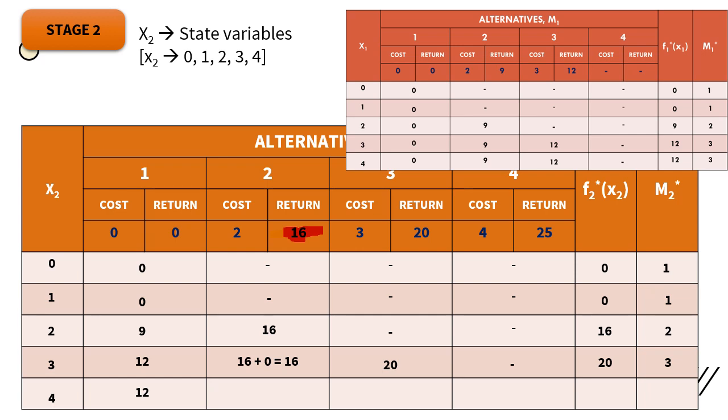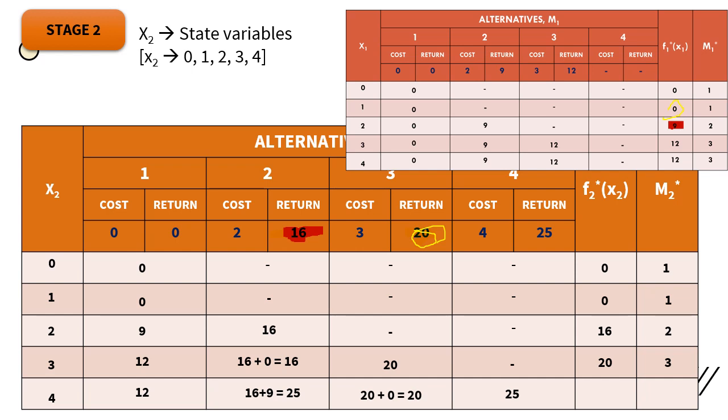Remaining 2, I will get 9. So 16 plus 9, it will be 25. If I spend 3 crores here, I will get a return of 20, and remaining 1 crore, I will get 0. So 20 plus 0, it will be 20. So if I spend all the 4 crores here, I will get 25.